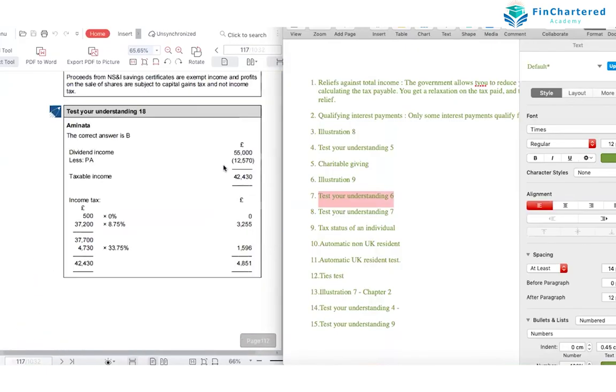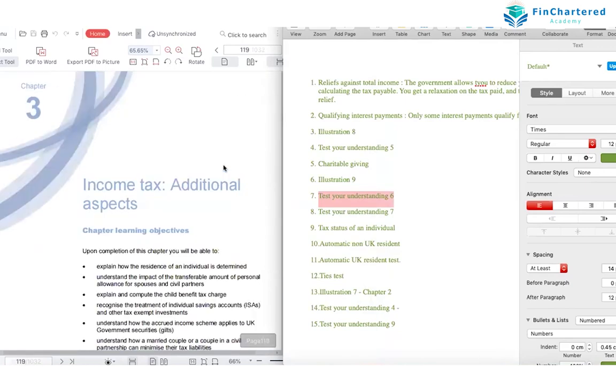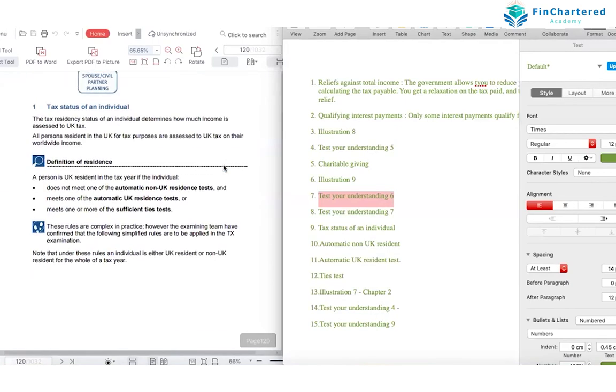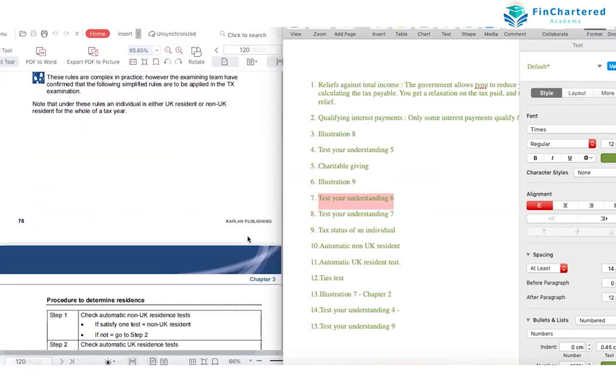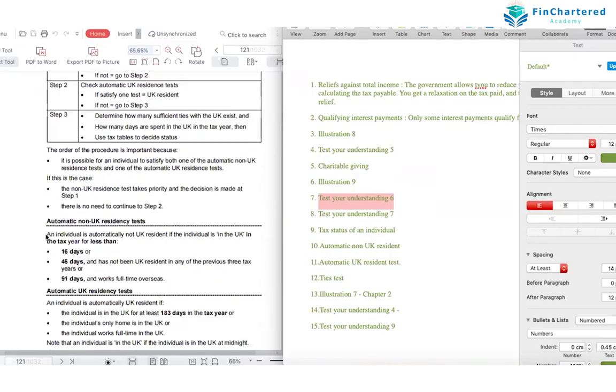Then we move to the next chapter, which is additional aspects, where we're talking again about UK resident, not UK resident, 16 days, 46 days, if you recollect that.